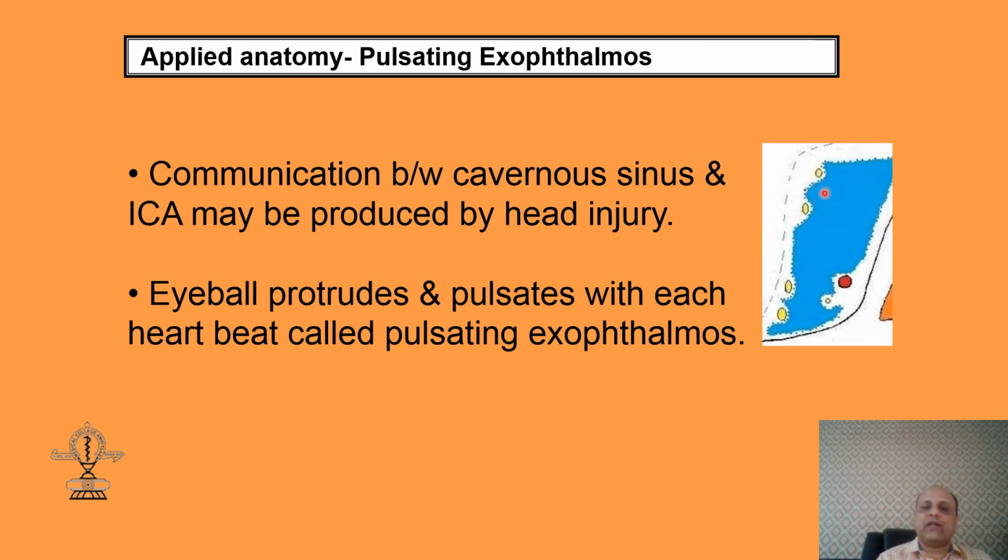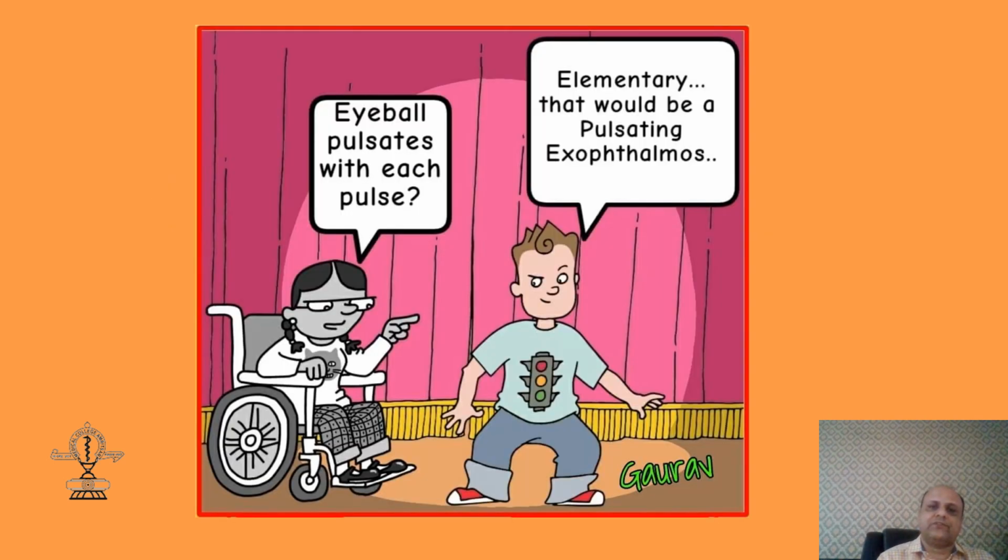So due to that, the eyeball pulsates with each heartbeat. Okay, the heartbeat has its effect on the internal carotid artery. And due to this artery communicating with the sinus and the sinus having communication with the orbital veins, with each pulse the eyeball protrudes, okay, and that is called pulsating exophthalmos.